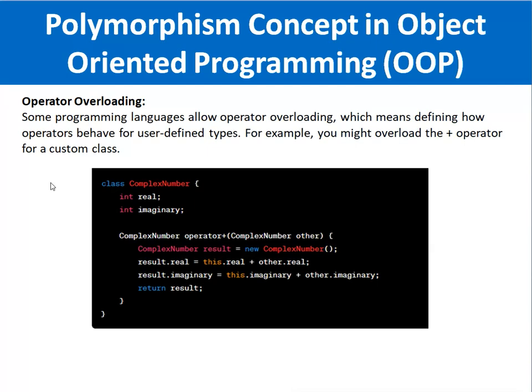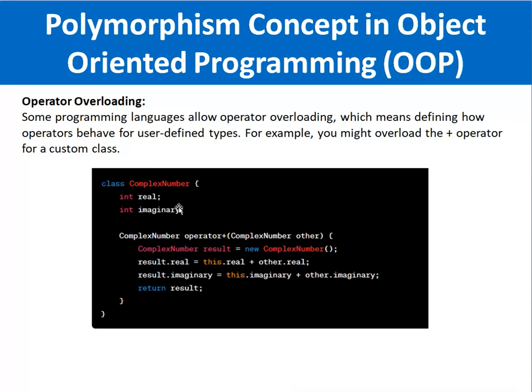For example, a plus operator will always add the values, and a multiply operator will always multiply the values. However, in the operator overloading concept, you can redefine the implementation of operators like plus, multiply, divide as per your need, as per your custom requirement in the class.